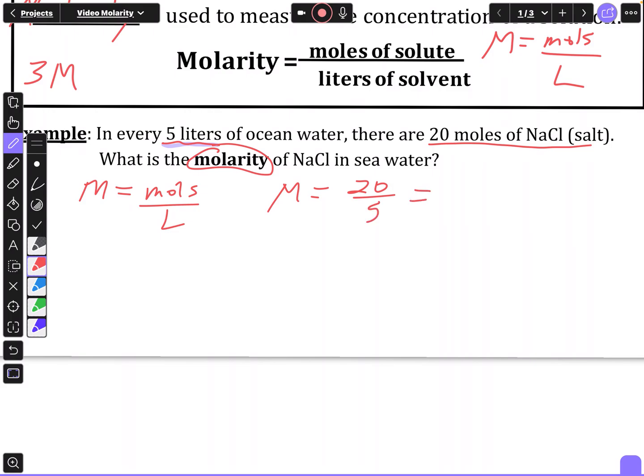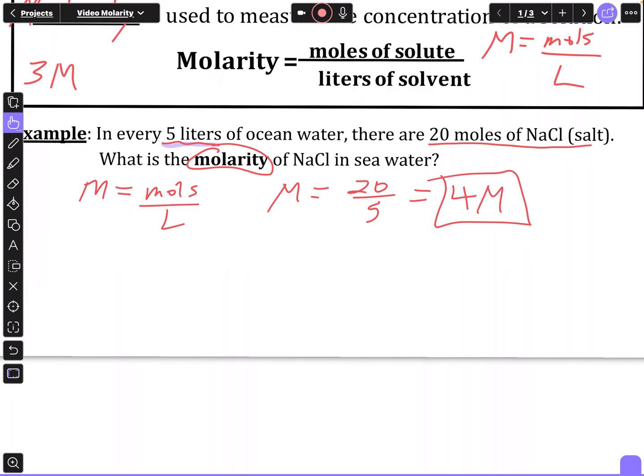And when I divide that, that would be 4. And my units would be, it would be a 4 molar solution. Now, keep in mind, you'll always need moles, and you always need liters of solution. And sometimes you'll be given molarity in the problem and asked to solve for either moles or for liters.